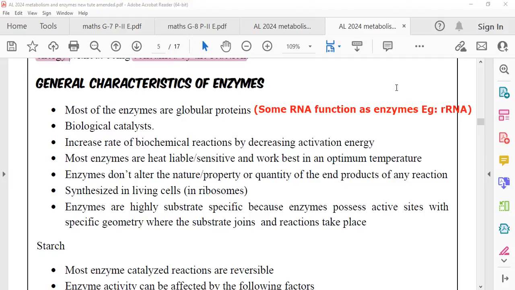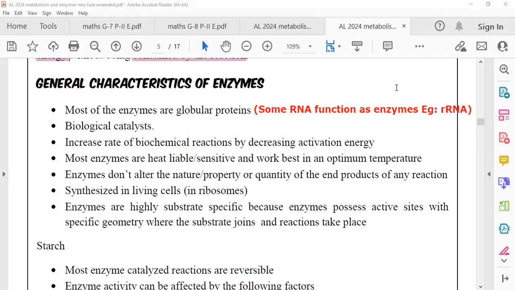If the enzyme is denatured, it will lose its catalytic function. Understood? Yes.